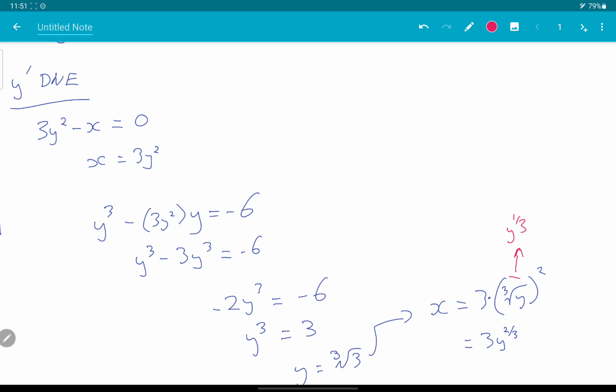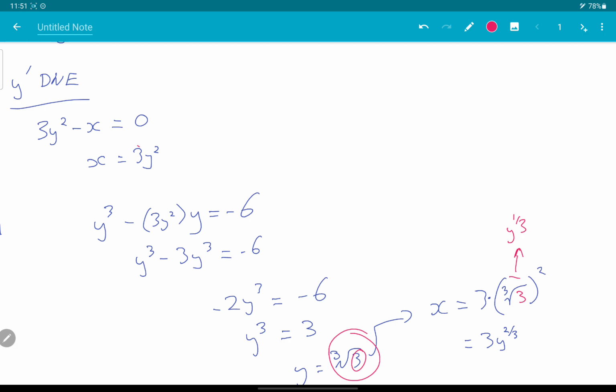What have I done here? A big mistake. X is 3y squared. Oops, x is 3y squared. And I meant to plug this in here, but instead of putting the 3, I put a y here. So let me just correct that. This should be a 3.